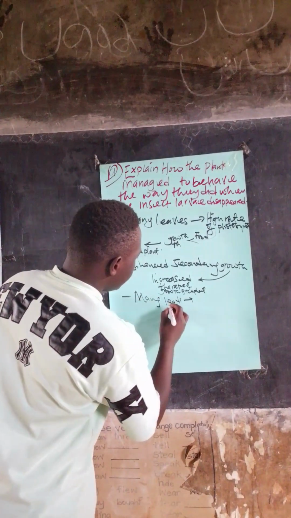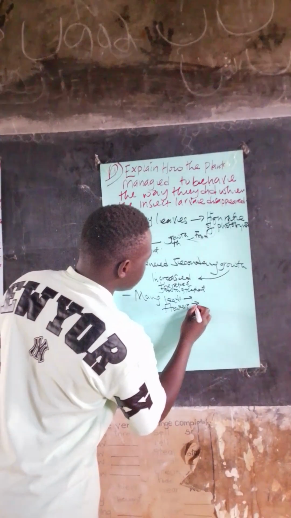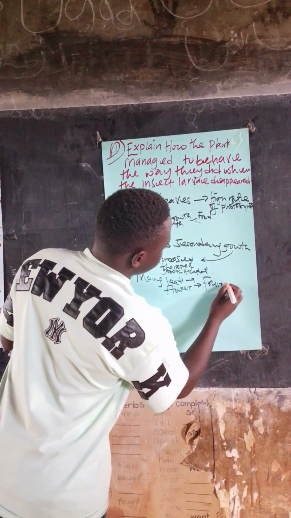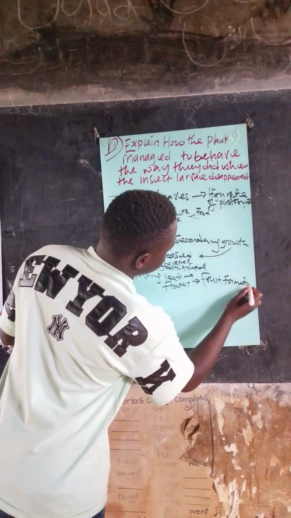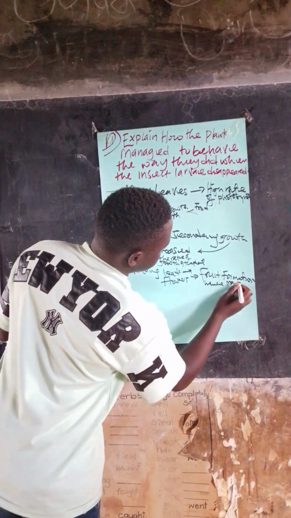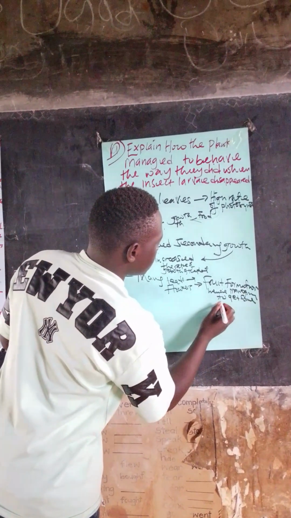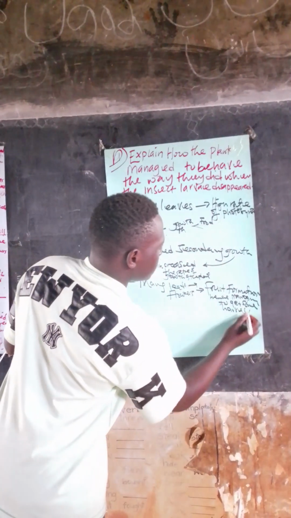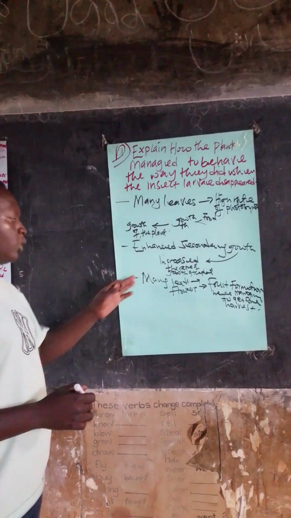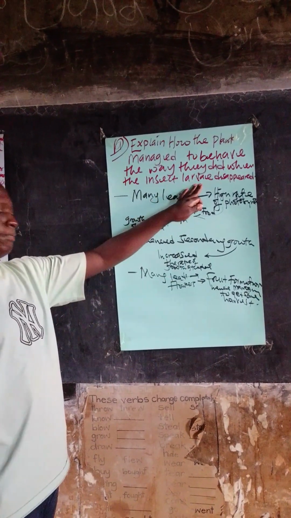So many leaves and many flowers lead to fruit formation, hence managing to get some harvest. So this farmer managed to get some harvest because of the many leaves which came, and because of the many flowers which came after the disappearing of these larvae.